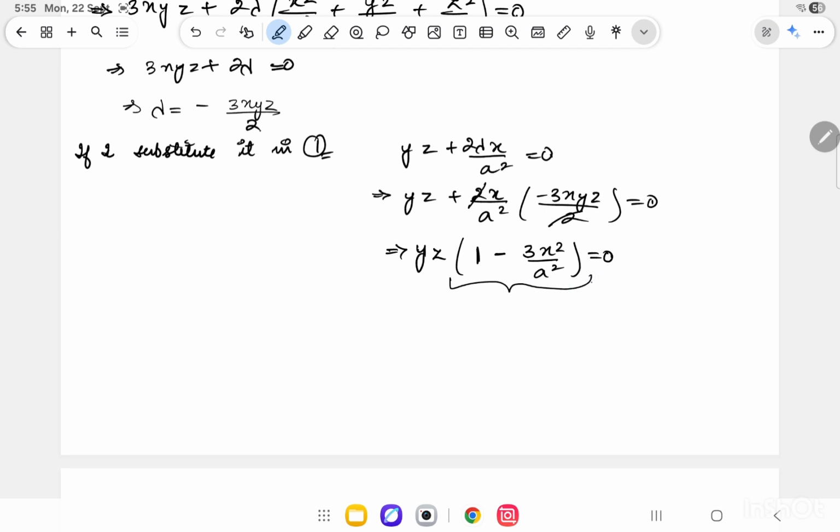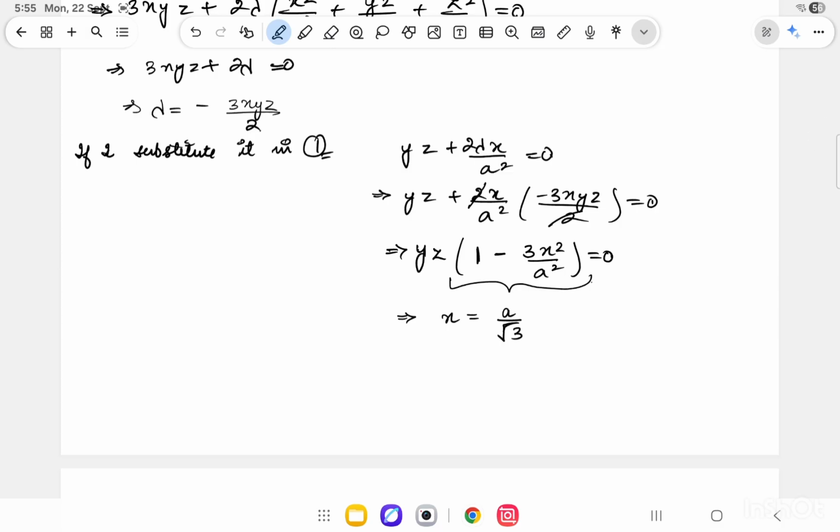But if y or z equals 0, then that gives me the volume of the parallelepiped as 0. So we'll eliminate these cases and focus on the third part. That gives me x equals a by root 3. I'm taking only the positive value because the length of a parallelepiped cannot be negative.